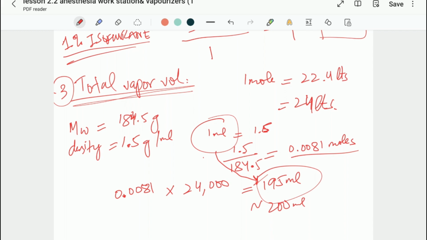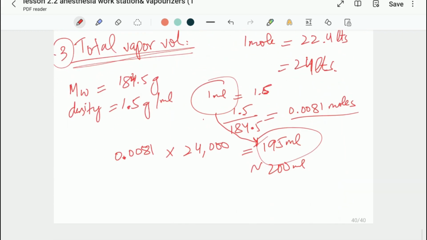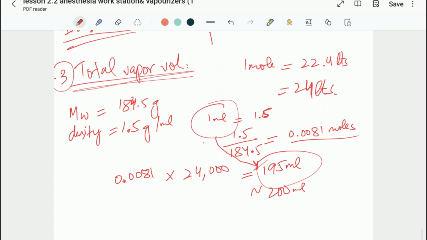So there's also a formula for hourly consumption of the liquid. How will we calculate the hourly liquid consumption of an agent?